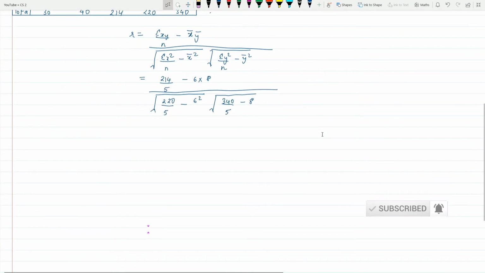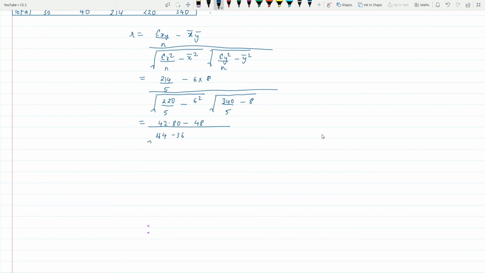Now all that is required is careful calculation on the calculator. So 214 upon 5 is 42.80, minus 6 times 8 is 48, divided by 220 divided by 5, that's 44, minus 36, and here we got 68 minus 64.